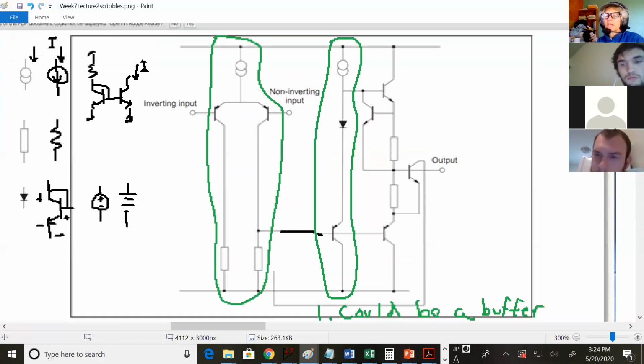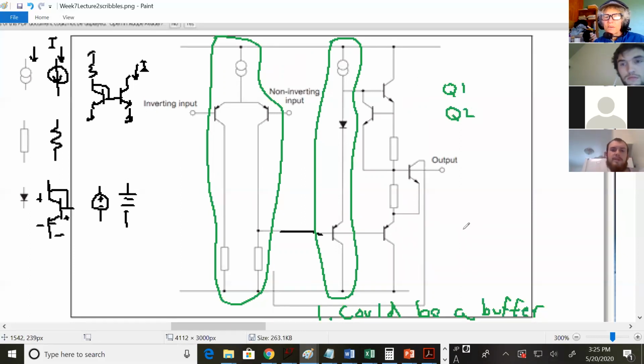Let's go on to the next stage. What do you see in the next stage? And if the rest of you want to join in, that's good too. Let's name some of these. We'll call this Q1, and then this transistor here, we'll call that Q2.